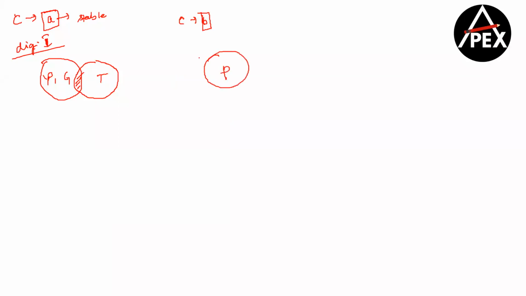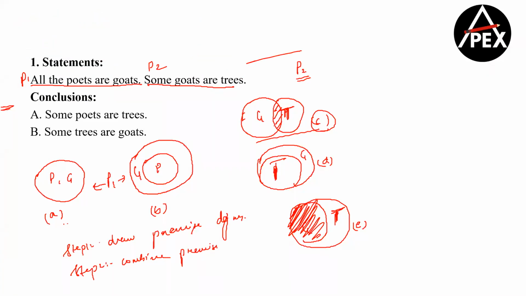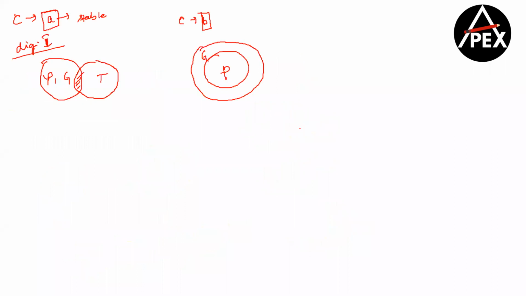I have a P, I have a G, right? Now what does the C diagram look like? C diagram is G and then an intersection of T. So over here, can I say that I can have a T like this? Correct, this is one possibility. So let me name this as diagram 2.